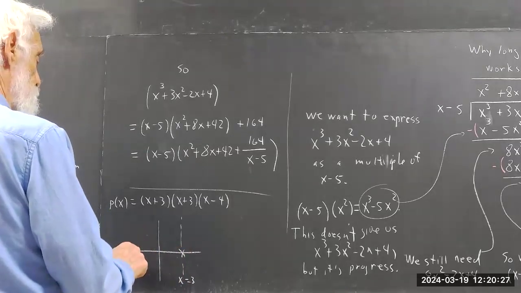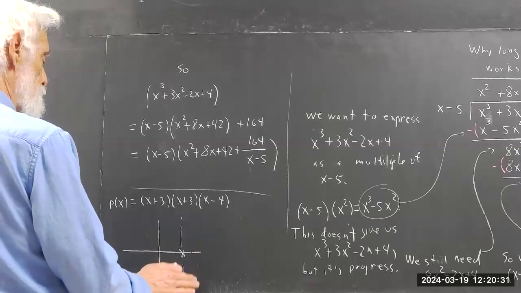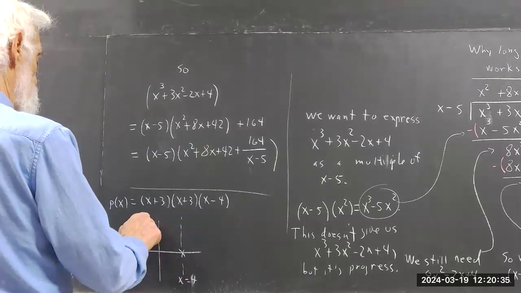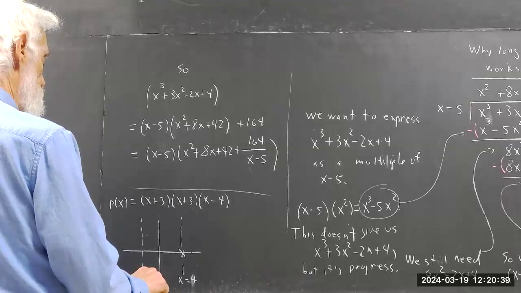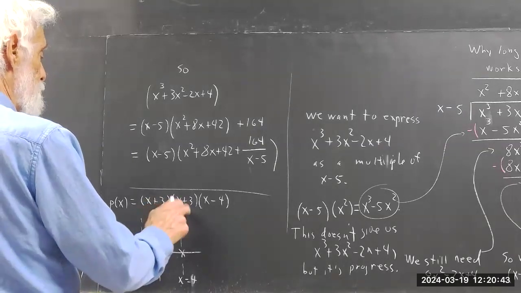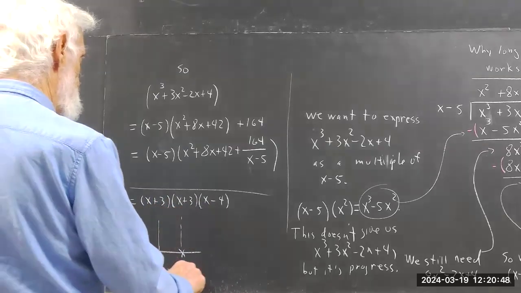And at x equals negative 3, you have a 0. And when x equals 0, you get what? 9 times negative 4 is negative 36.